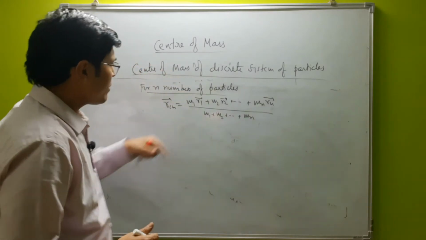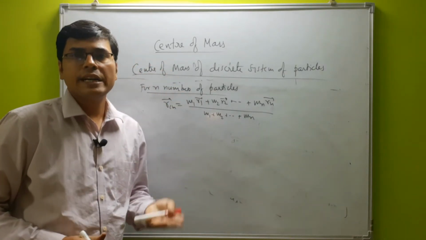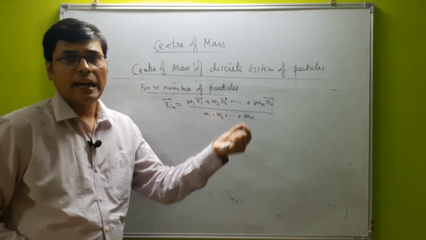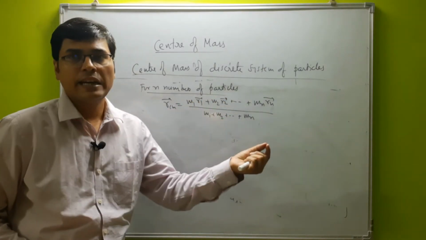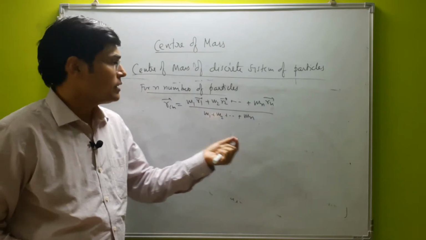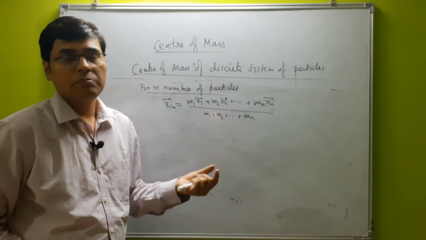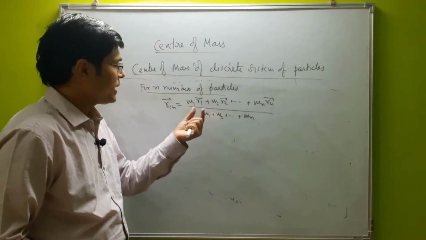This can again be written in terms of x, y, z coordinates, right? Like r1 can be written as x1 i cap plus y1 j cap plus z1 k cap. In the same way, r2 can be written as x2 i cap plus y2 j cap plus z2 k cap.